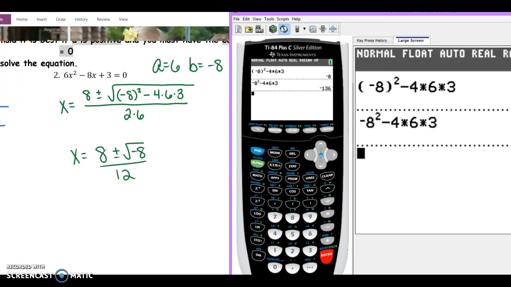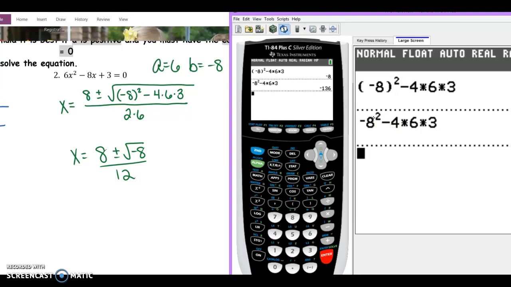You end up getting negative 136. So why in the world did this calculator that's supposedly so smart get this wrong? The calculator is really truly doing order of operations. So when it sees negative 8 squared, it's doing the 8 squared first, and then it's sticking the negative on it.